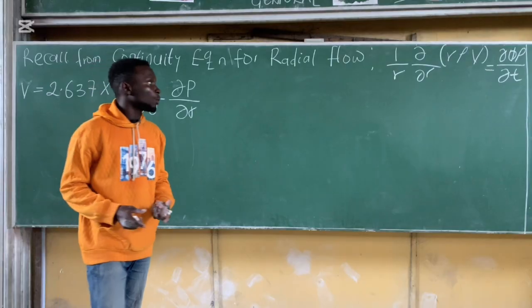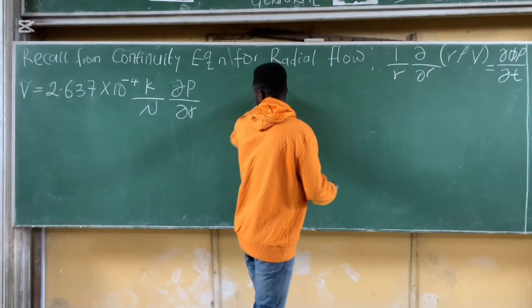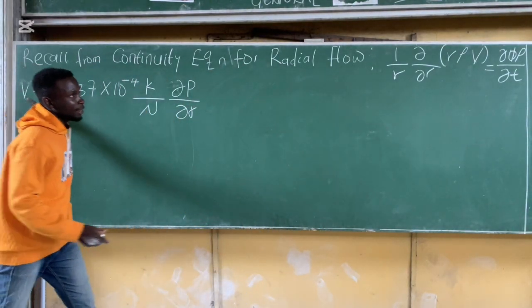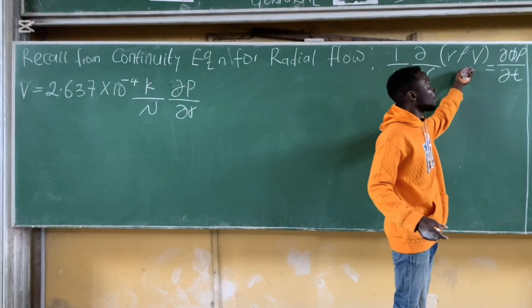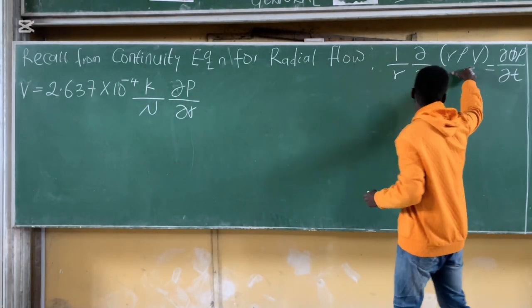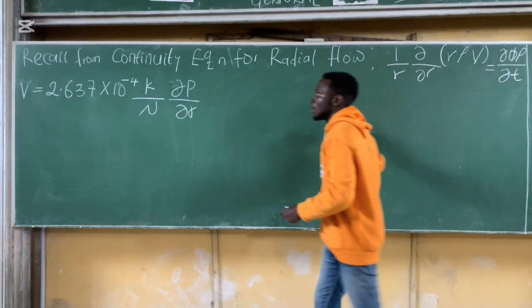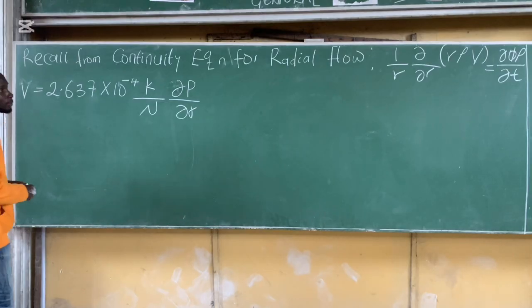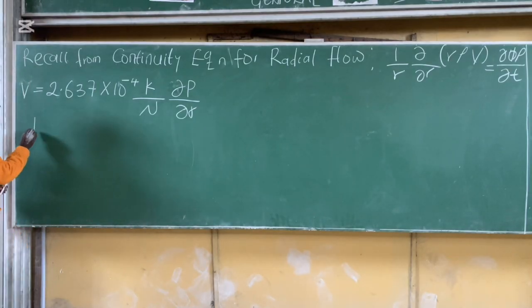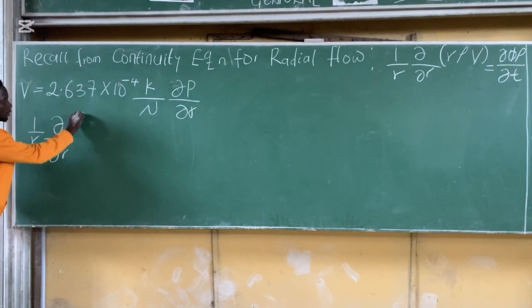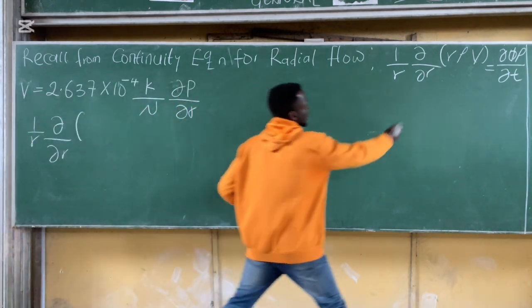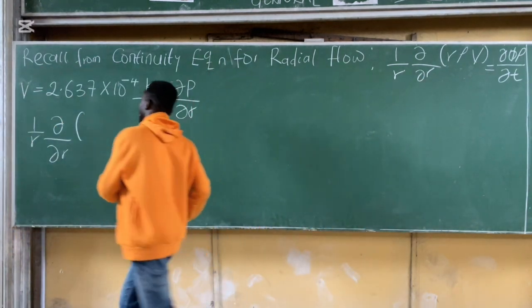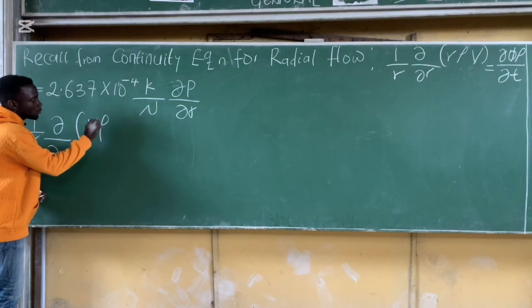So for us to derive the diffusivity equation for radial flow, we have to substitute this v into this particular formula, so that anywhere we see v, we replace it with this whole equation. If we do that, we are going to have 1 over r, d over dr of, rho r v.